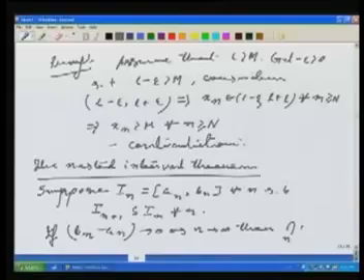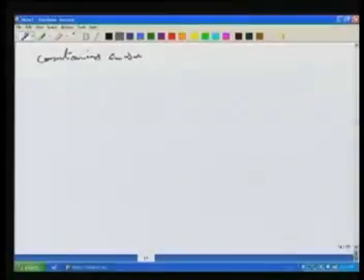Does it become an empty set suddenly? The answer is no. It is still non-empty, but there is only one point in the intersection. Then the intersection over n of In contains a single point. So let's try to prove this.